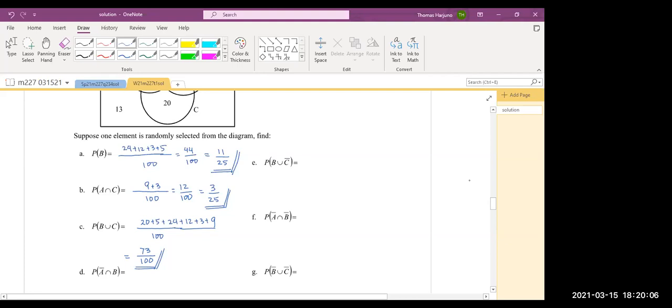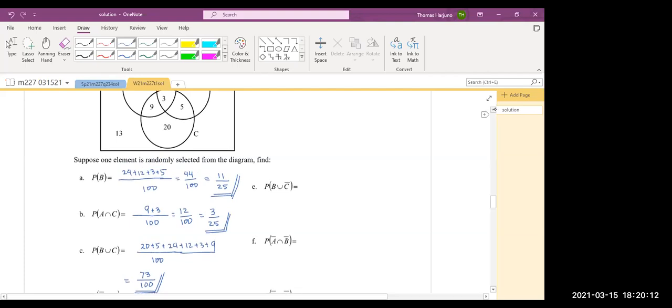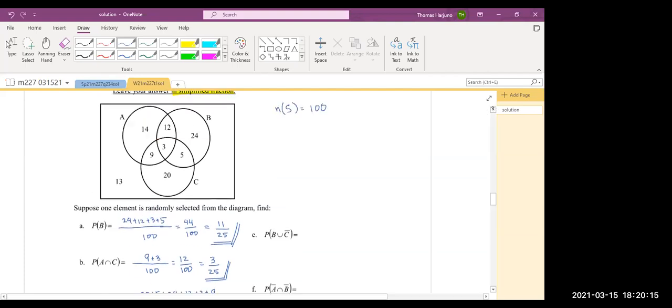Okay, now how about part D? Not A but B. Not A, outside of A but inside of B. Which numbers are those? Outside of A, inside of B. Is that 24 and 5?